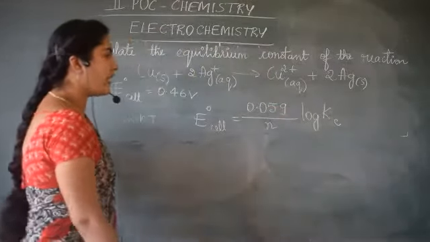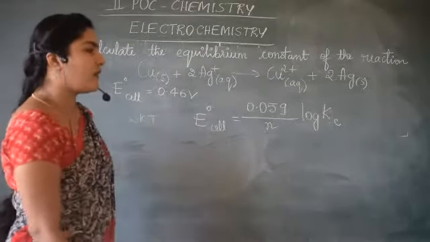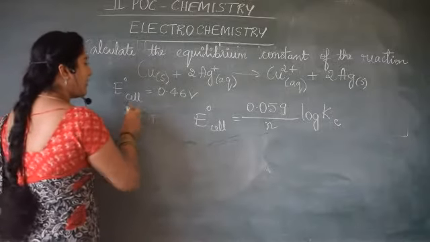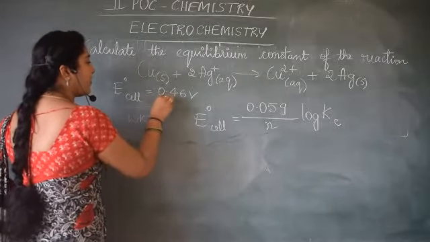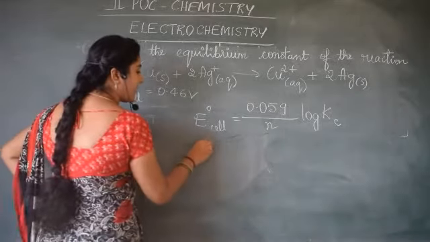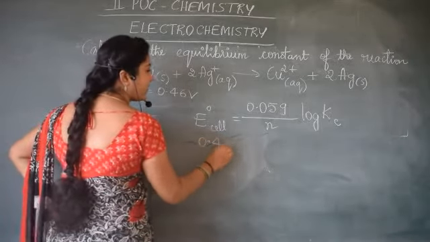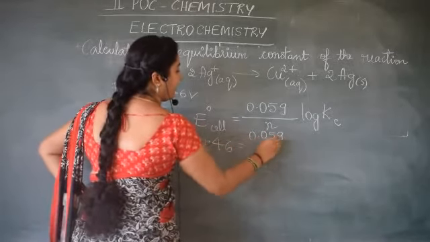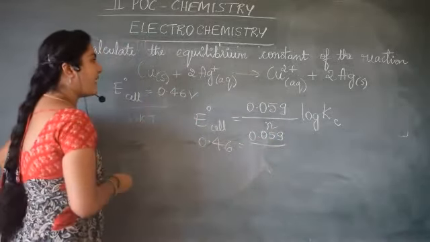This is the formula which relates equilibrium constant with standard electrode potential. In the question itself they have given the standard electrode potential as 0.46. So we will be substituting it. 0.46 is equal to 0.059 divided by, now what is the value of n?